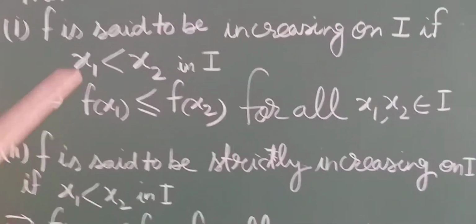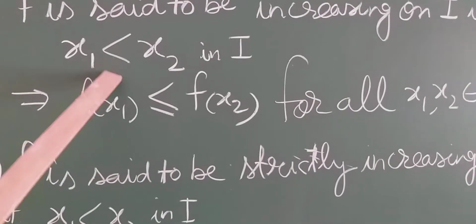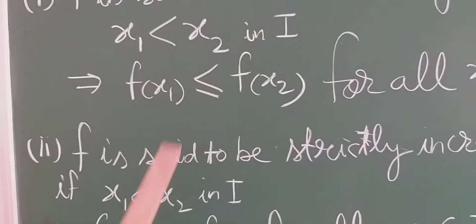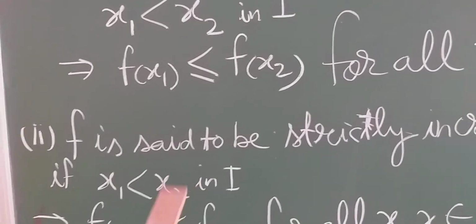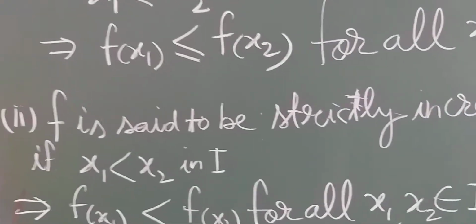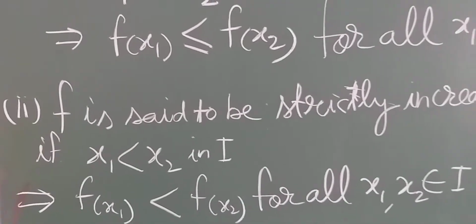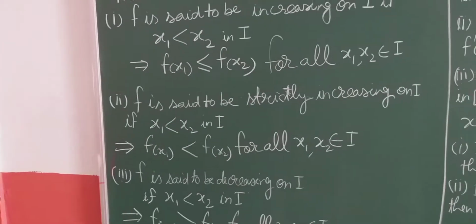So these four conditions which I told you just now, there is no derivative. Without a derivative, we can easily find out whether the function is increasing or decreasing, strictly increasing or strictly decreasing, students, in these four conditions.